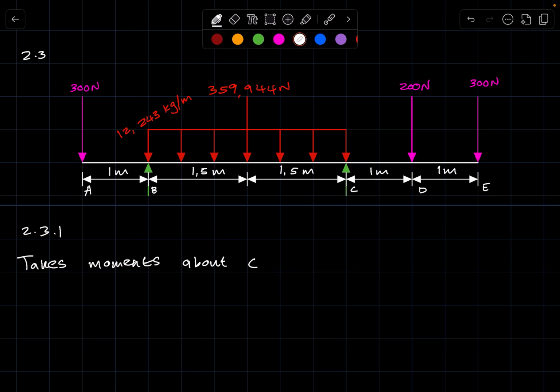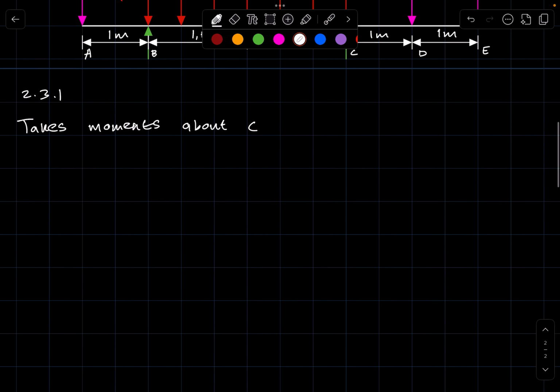Now when you take moments about point C, we are going to apply conditions of equilibrium using the law of moments.